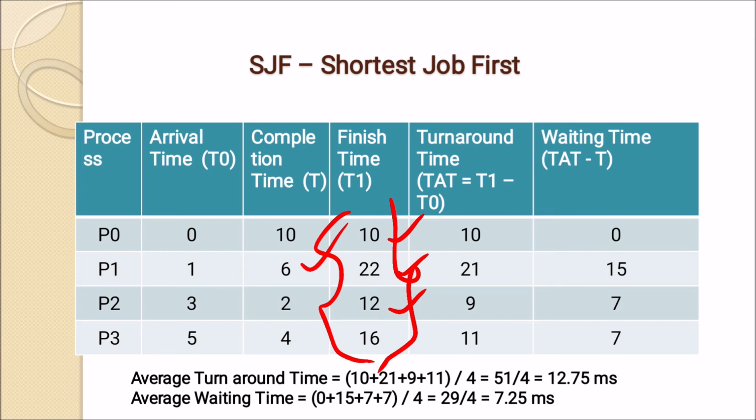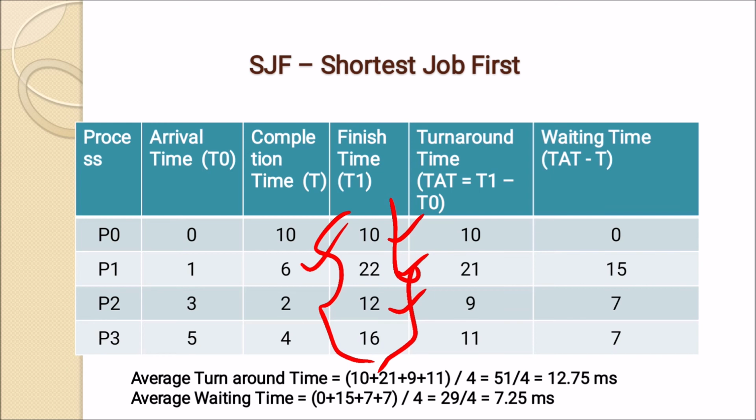Similarly, waiting time is the turnaround time minus the burst time. For process P0 it is 10 minus 10, which is 0; for P1 it is 21 minus 6, which is 15; for P2 it is 9 minus 2, so 7; and for P3 it is 11 minus 4, so 7.